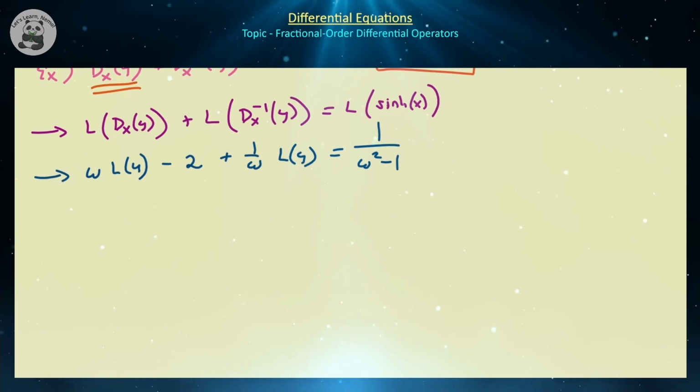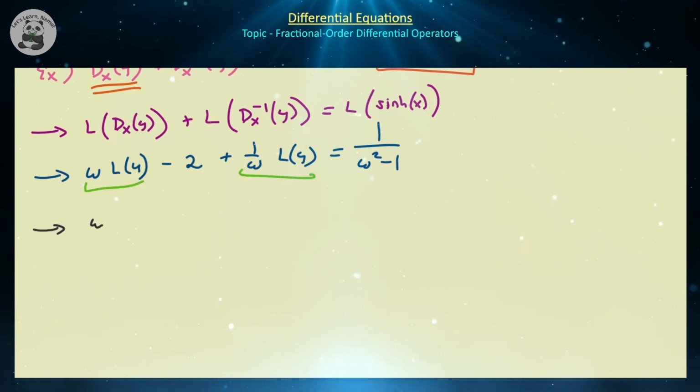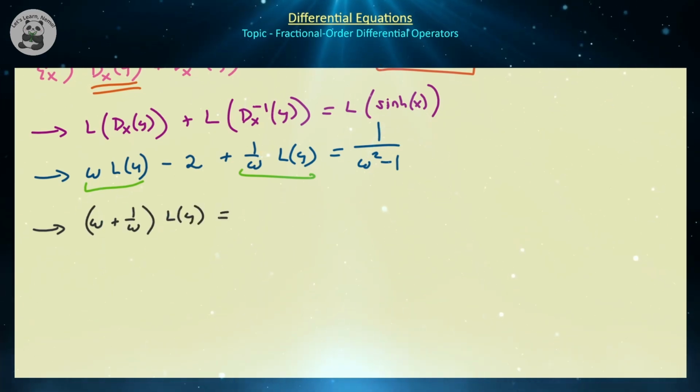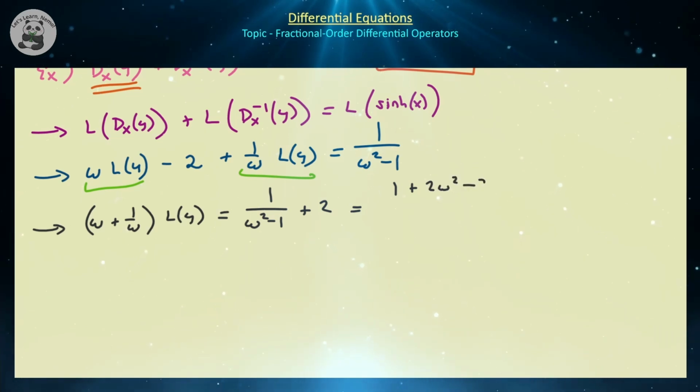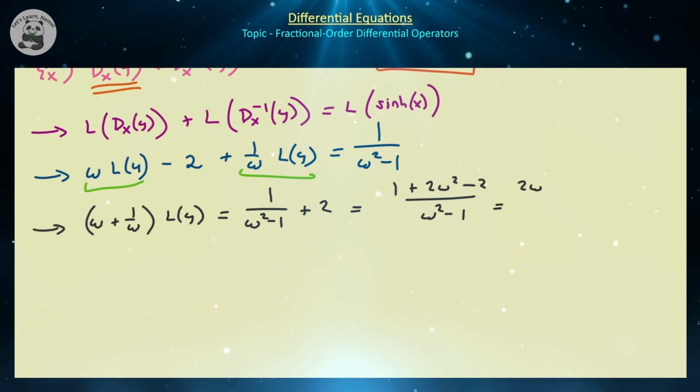And then I can solve this equation for the Laplace transform of y. So it's going to give us omega plus 1 over omega times the Laplace transform of y will be equal to 1 over omega squared minus 1 plus 2. And then I can get a common denominator here of 1 plus 2 omega squared minus 2 all over omega squared minus 1, which is going to simplify to 2 omega squared minus 1 over omega squared minus 1.